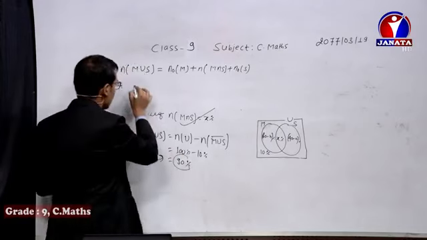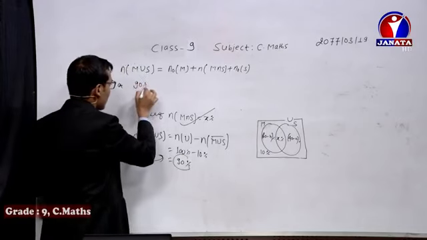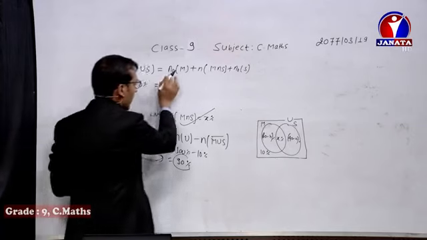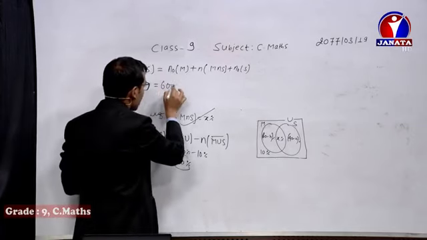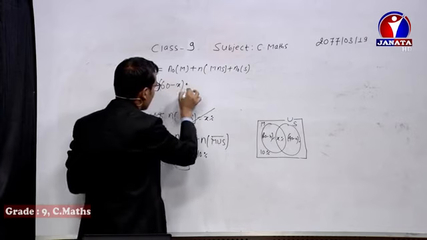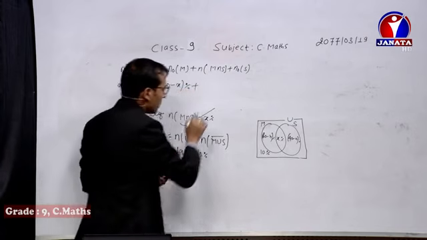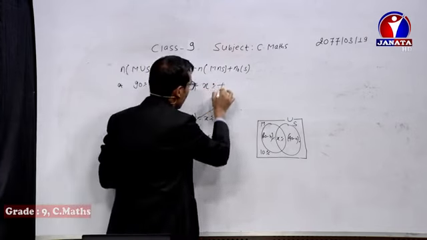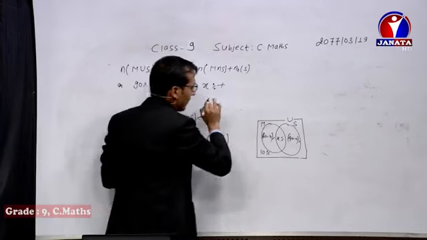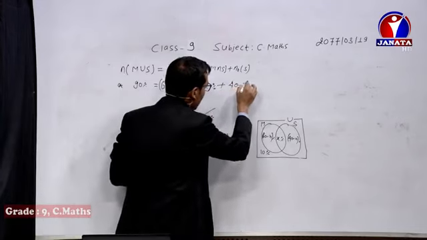It's 90. So 90% is N only M, 60 minus X, plus the intersection, X percentage, plus N only S, 40 minus X percentage.